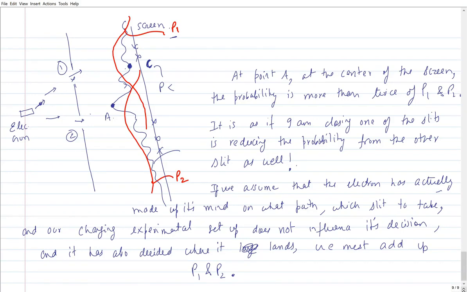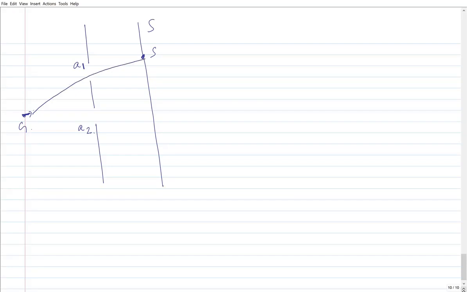So what essentially are we talking about? Let's look at it slightly more deeply. This is sort of a subtle issue. Let's say I have the same experiment, and this is the path from the gun to the slit A1 and A2 and towards a point on the screen over here, S. So either the electron can take this particular path or this particular path.